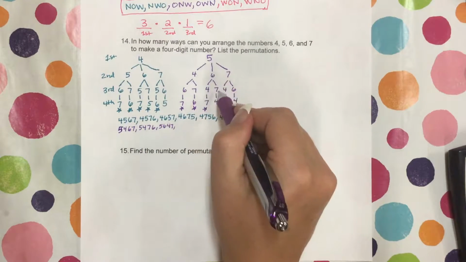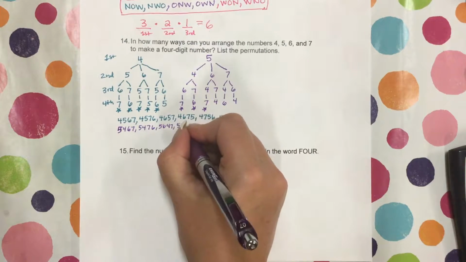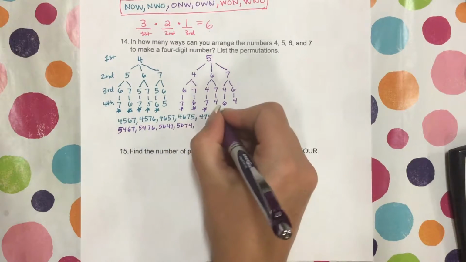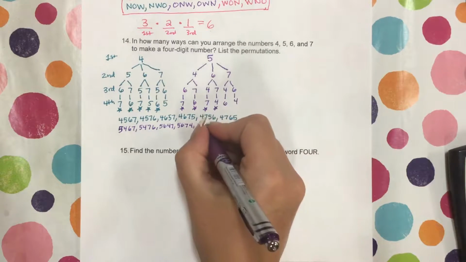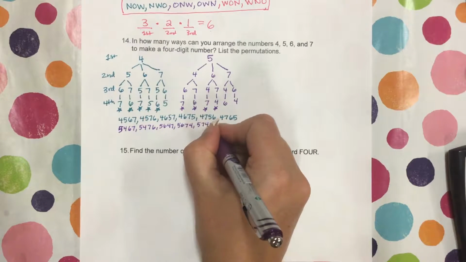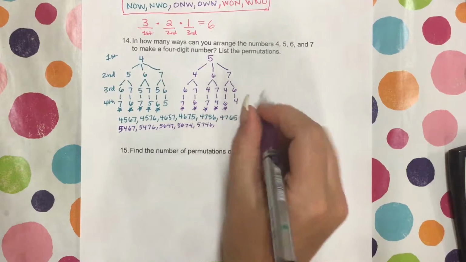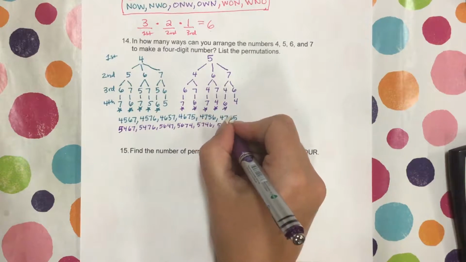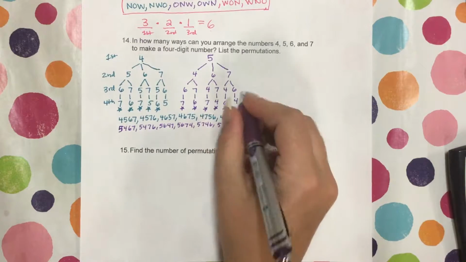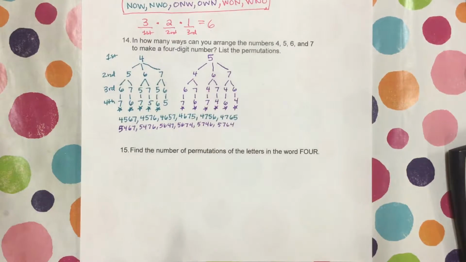Or 5, 6, 7, 4. Or 5, 7, 4, 6. Or 5, 7, 6, 4. Okay, so those are all the options if 4 is in first or if 5 is in first.